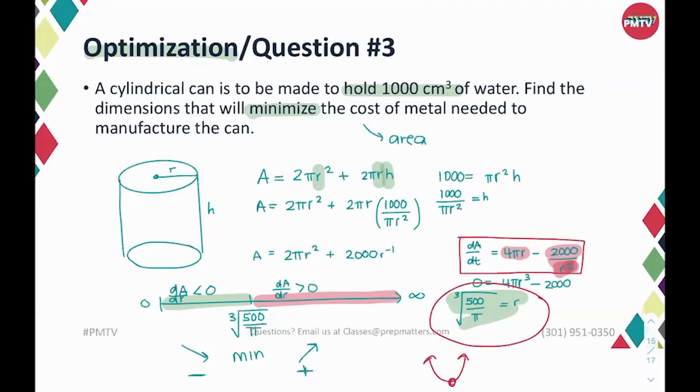That would mean we have a minimum. If our second derivative is negative, then our function at that value would be concave down, which would mean that we are looking at a maximum. So that is two different ways to verify whether we're looking at a maximum or a minimum point.